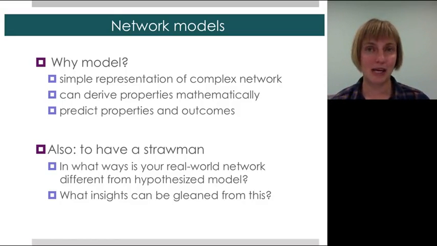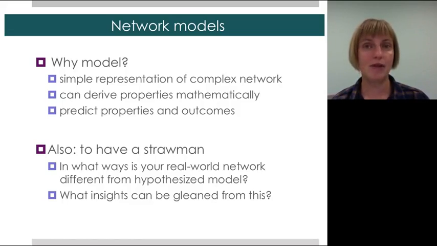Now, how can you tell that your model is valid? Well, what you're going to do is generate, either through simulation, which is what we'll be doing with NetLogo, or you can derive mathematically, properties of networks that follow the dynamics and the assumptions that you make in the model.